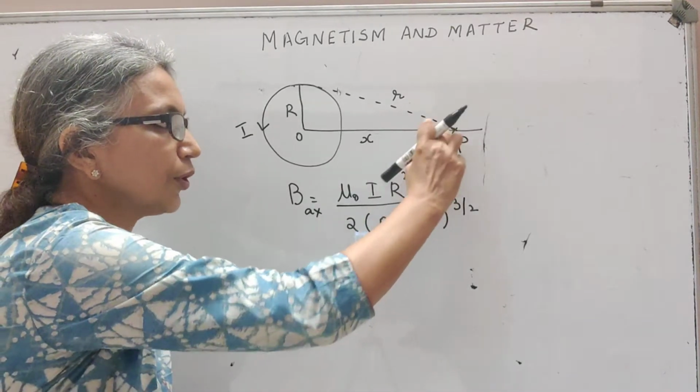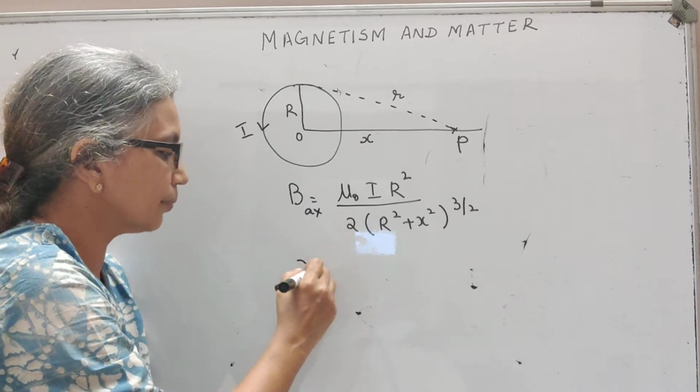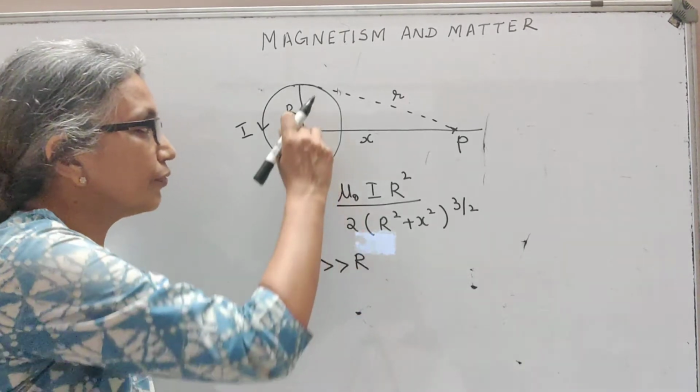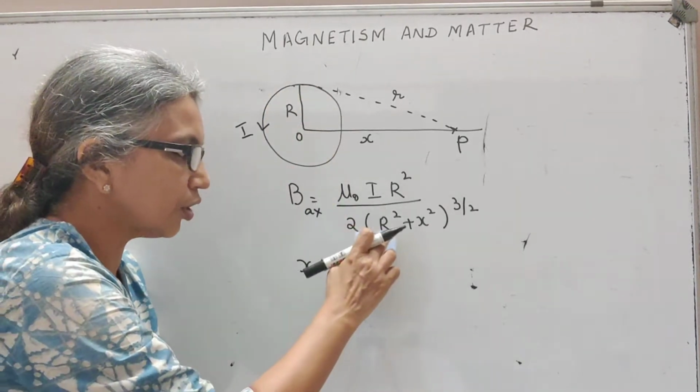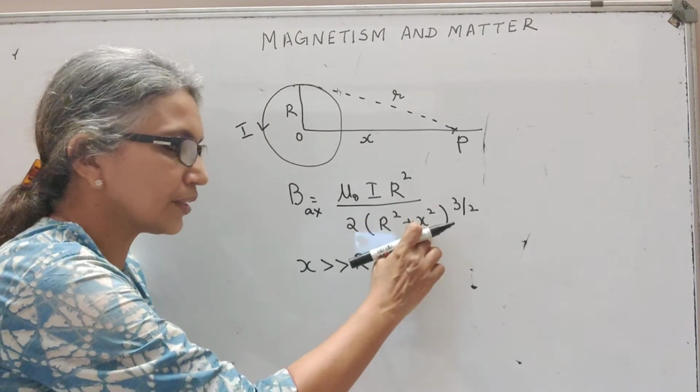Now if you take this point P far away from the center of the axis, you may take x much greater than the radius of the coil, which means in the denominator it's okay to neglect this r, because here it is r square plus x square.